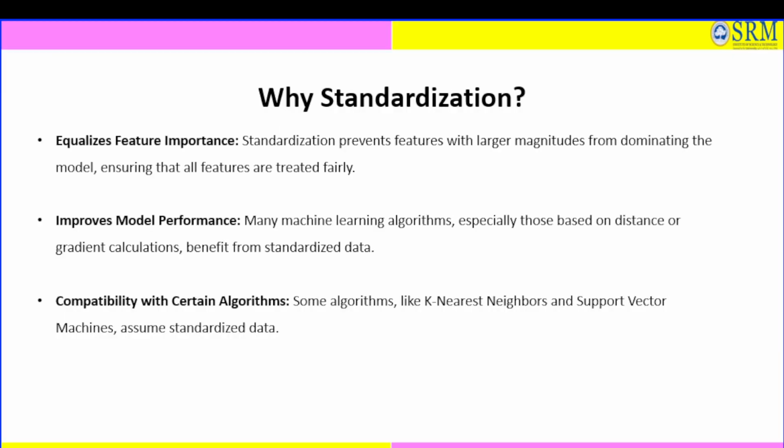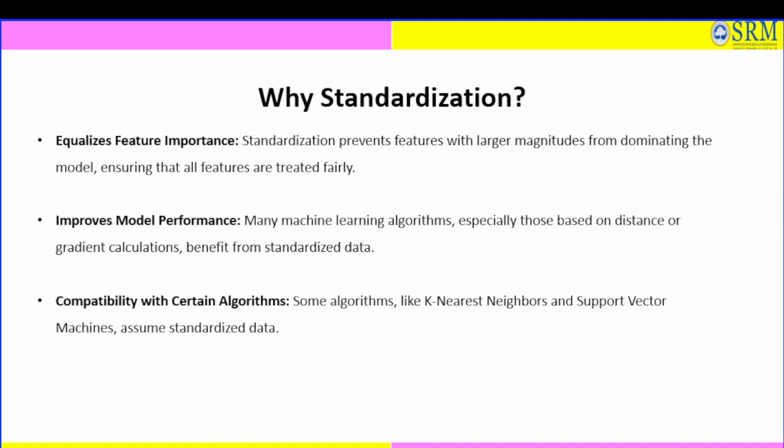And why do we go for standardization? Whenever we want to equalize feature importance, improve the model performance, or have compatibility with certain algorithms, we will be using this. Equalizing feature importance means that a feature with larger scales is going to dominate the model, whereas features with smaller scales might be less influential. Standardization ensures that all the features contribute proportionally.